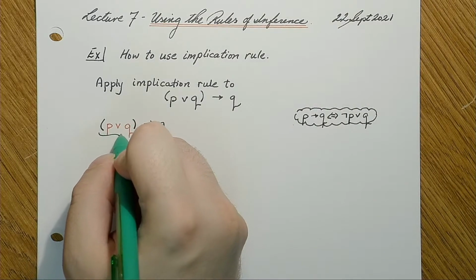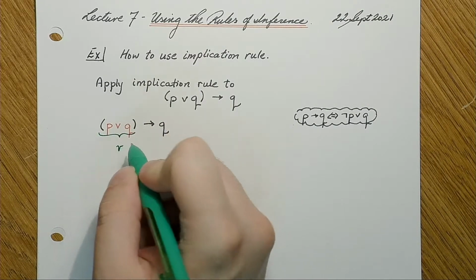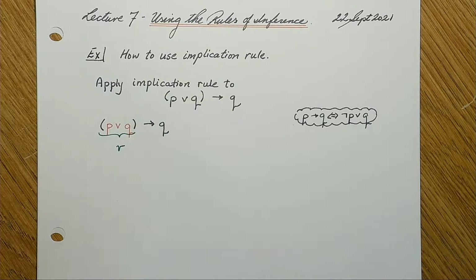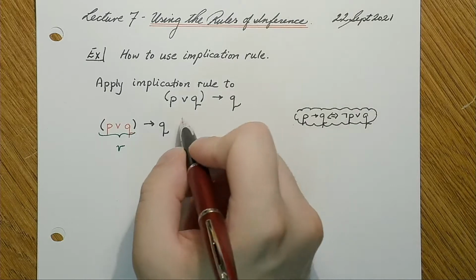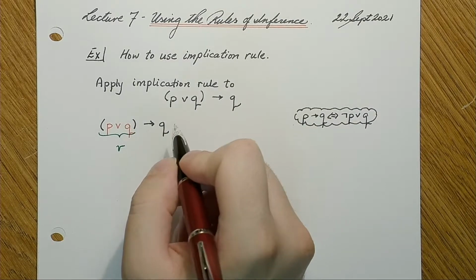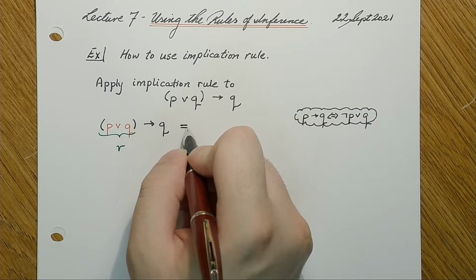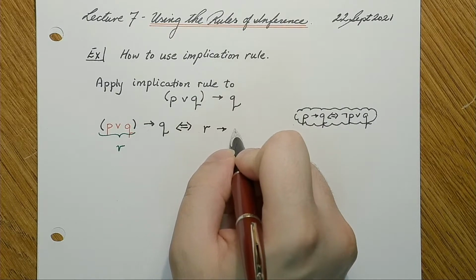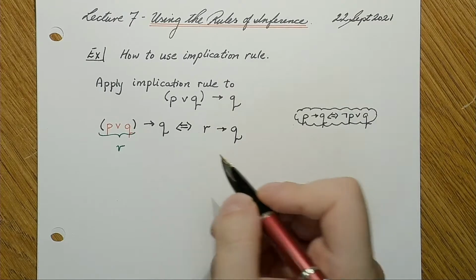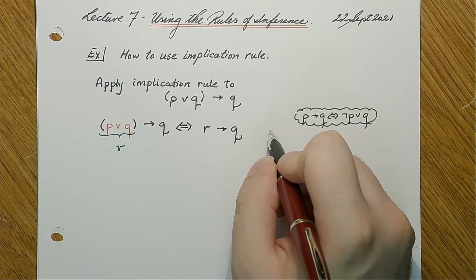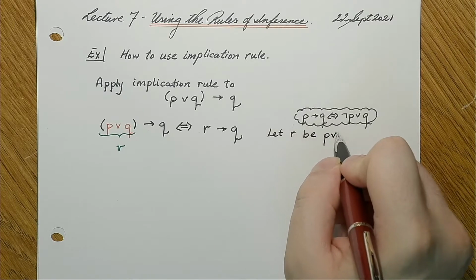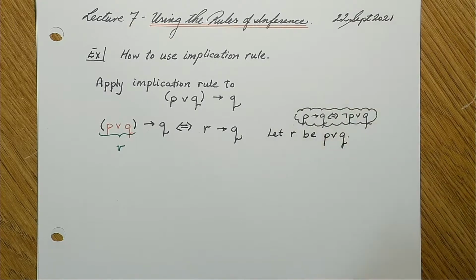I'll call this R, just to illustrate this. So this is logically equivalent to R implies Q. Just let R be P or Q.